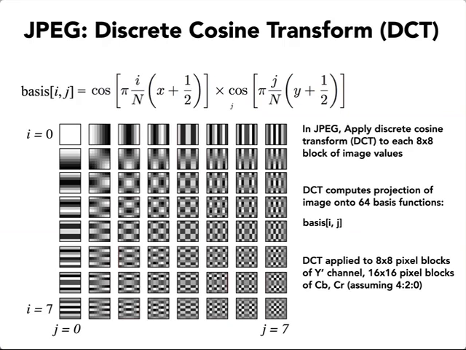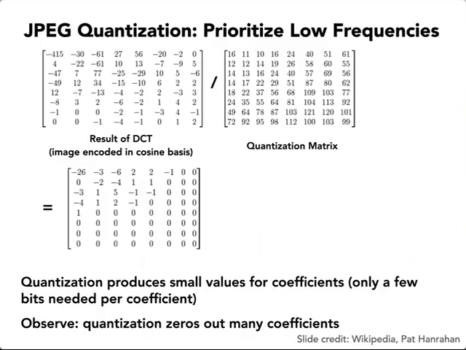So how does JPEG use this? It takes an image and breaks it up into 8x8 blocks of pixels. Each of the 8x8 blocks of pixels, it transforms into the DCT space. And then it prioritizes keeping the low frequencies in the DCT. How does it do that?